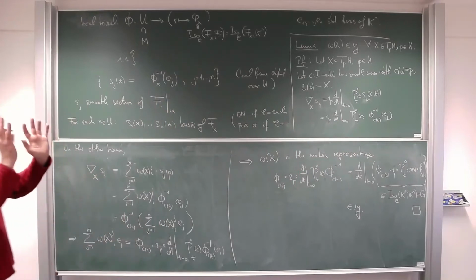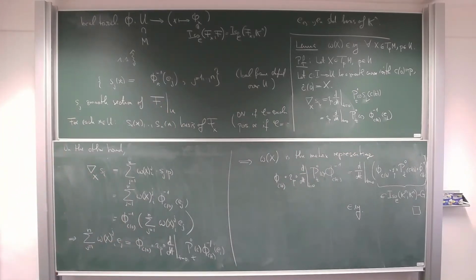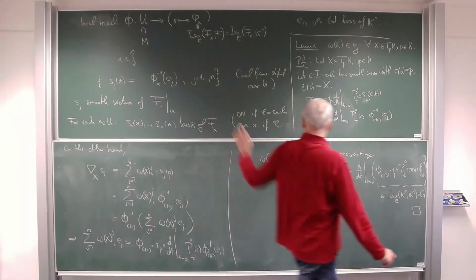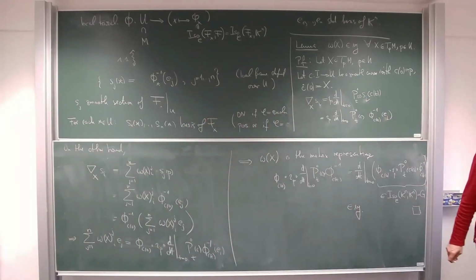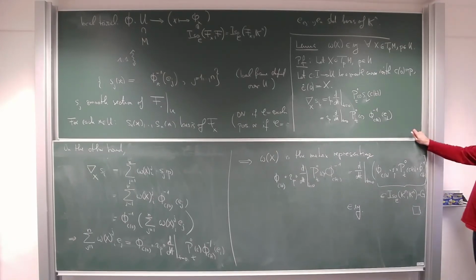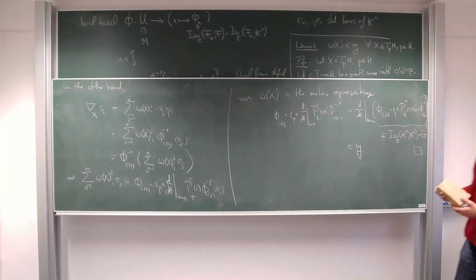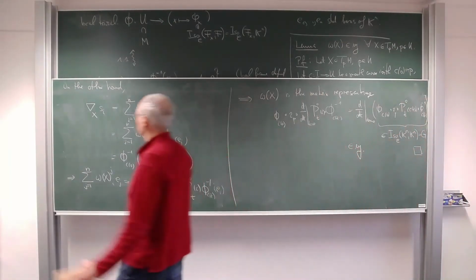But it's always only defined locally, because we needed this local trivialization in order to get the local frame and in order to define it. Okay? Good. All right, then you can play the same game with our curvature.